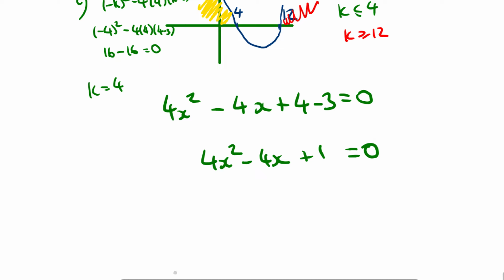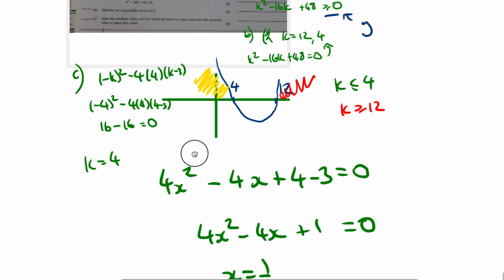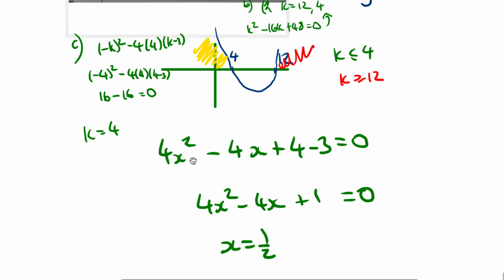So again, it's going to be 4x squared minus 4x plus 1 gives an answer of x is equal to a half, and that is it. That's going to be your only value. So x is equal to a half. Again, that makes sense. There's only one value because b squared minus 4ac is equal to 0. So there's only one distinct real root. In this case, x is equal to 0.5. And that brings the end of these questions. If you have any further questions, please let me know.